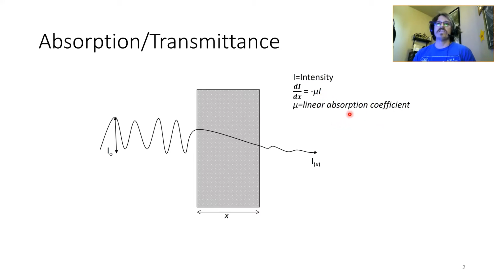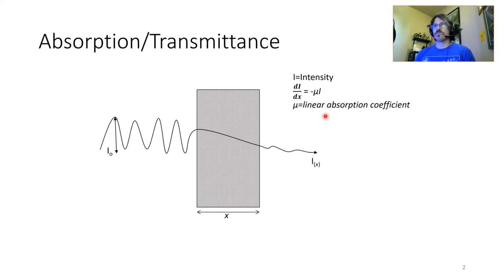And mu is the linear absorption coefficient. We'll talk about the linear absorption coefficient in pretty good detail, and its related parameter, the mass absorption coefficient, which is basically mu divided by the density of a material.